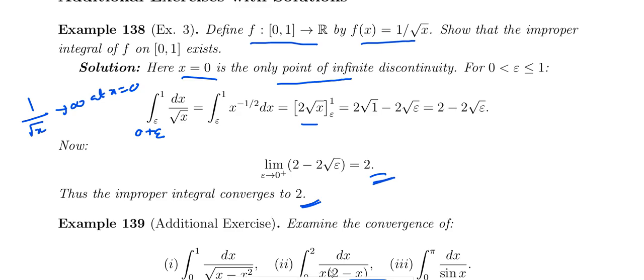Okay, this is a very important problem. Most of the competitive exams, particularly TRB, may ask this question. That is the integral from 0 to 1 of 1 by root x dx. If you integrate directly and substitute, it is difficult.